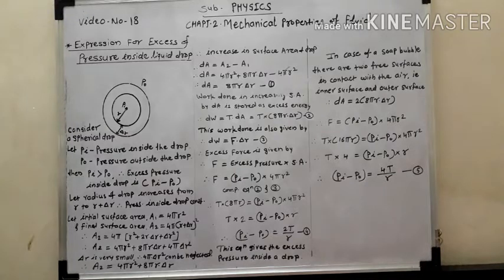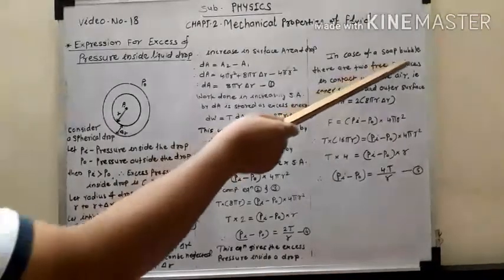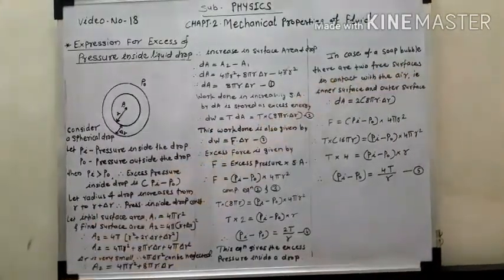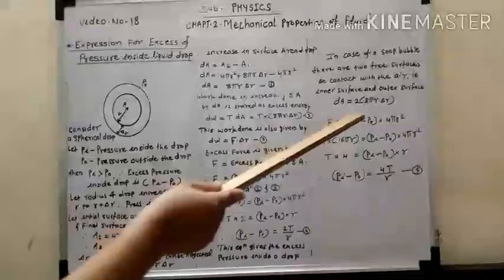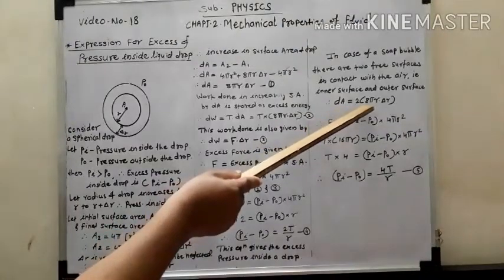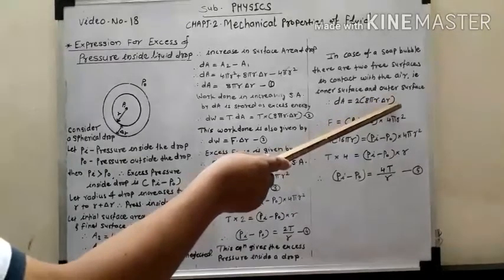Now we consider the soap bubble. A soap bubble has two free surfaces in contact with the air, the inner surface and the outer surface. Because of these two surfaces, the change in surface area is 2 into 8 pi r into del r.